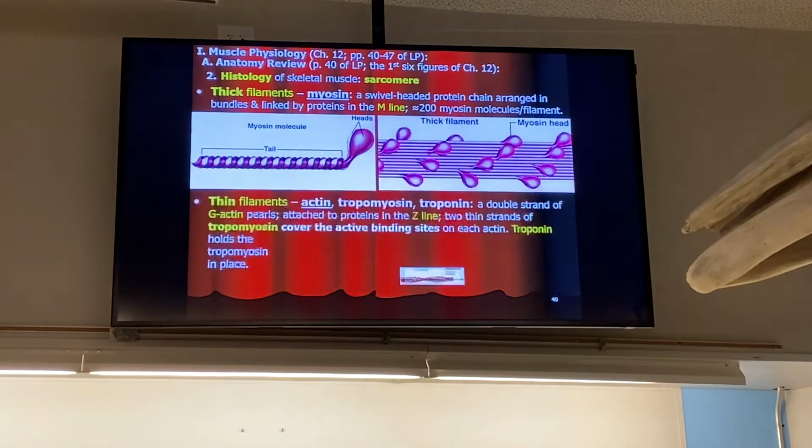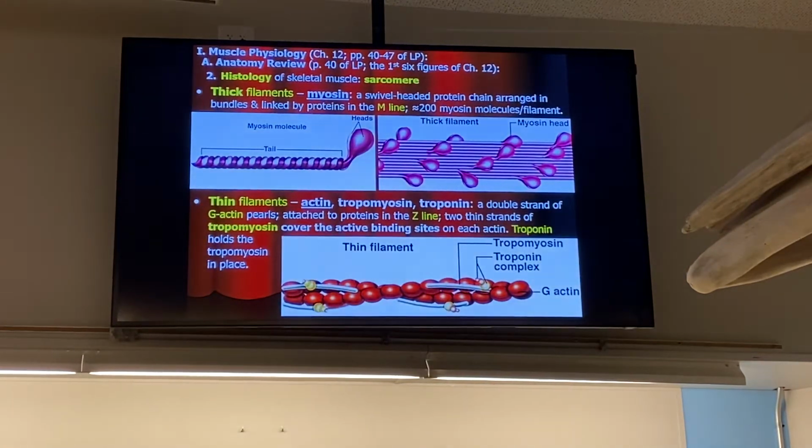Thin filament has 3 proteins. And it has a double helix of G-actin pearls. If you look at a G-actin pearl, it looks like a golf ball. Doesn't that make sense? You got a golf club, you get golf balls.